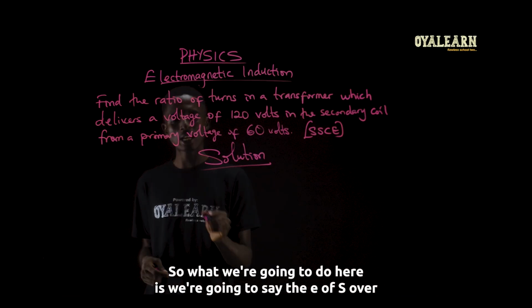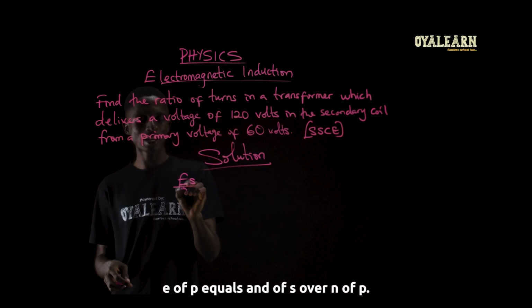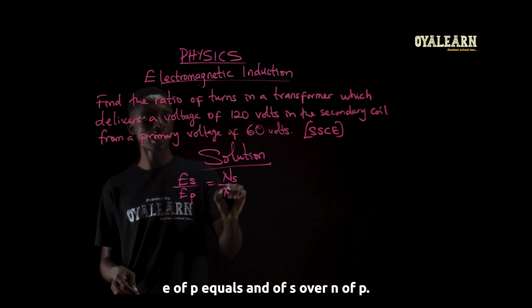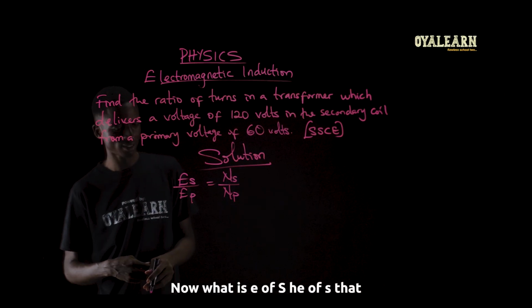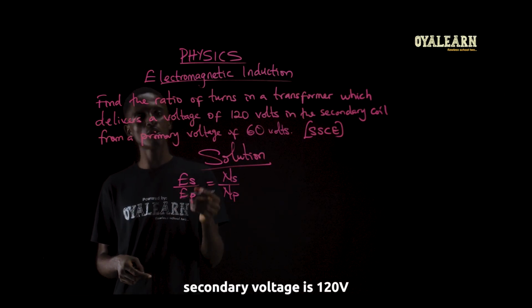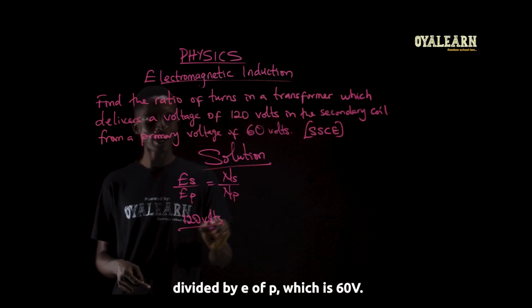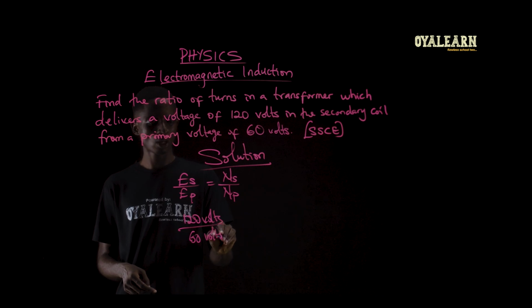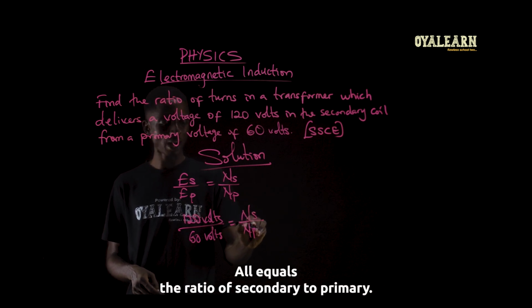So what we're going to do here is we're going to say E of S over E of P equals N of S over N of P. Now, what is E of S? E of S, that secondary voltage, is 120 volts divided by E of P, which is 60 volts, all equals the ratio of secondary to primary.